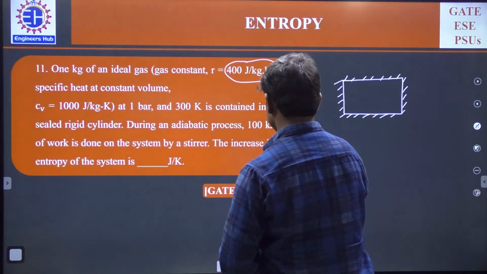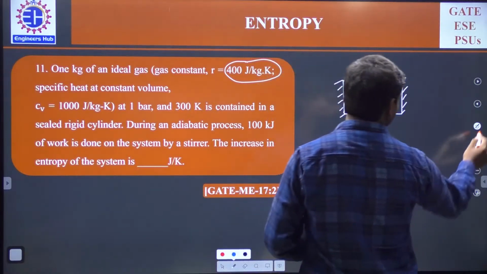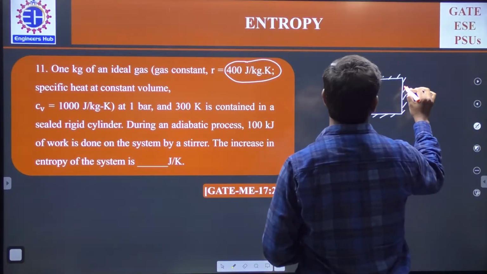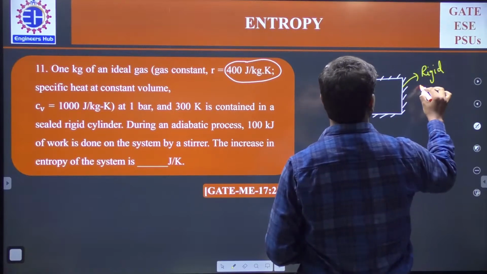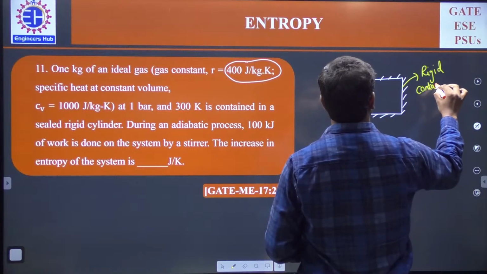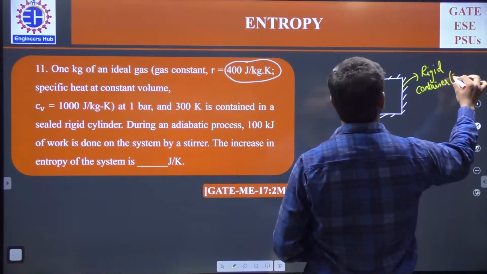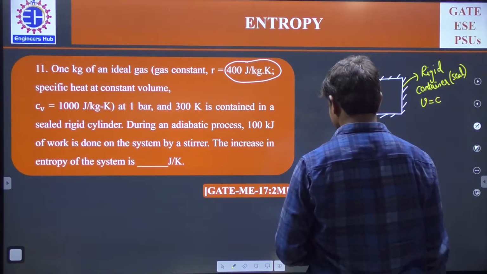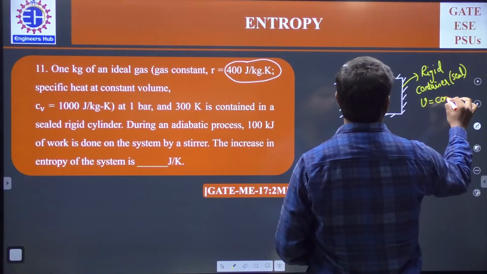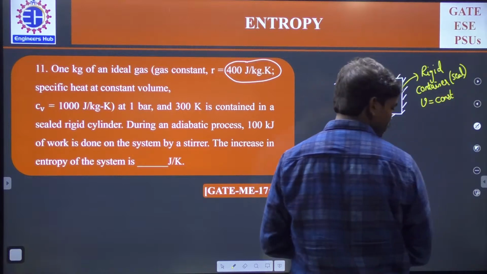Now see here. Let us change some color and write things. This is a rigid container, and of course sealed. So volume is always constant, because whatever mass is there is constant, and volume is also constant.